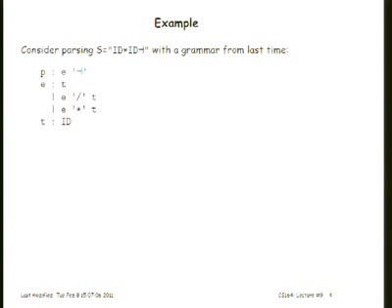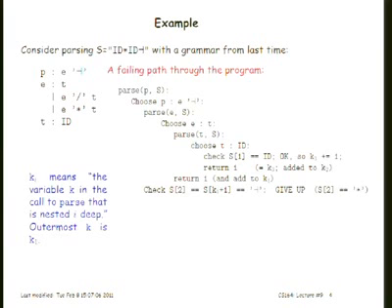But let's look at what happens here. I could have a failing path through this. As my first production, I choose P goes to E end of file. So the first step in parsing that would be to parse with an E.